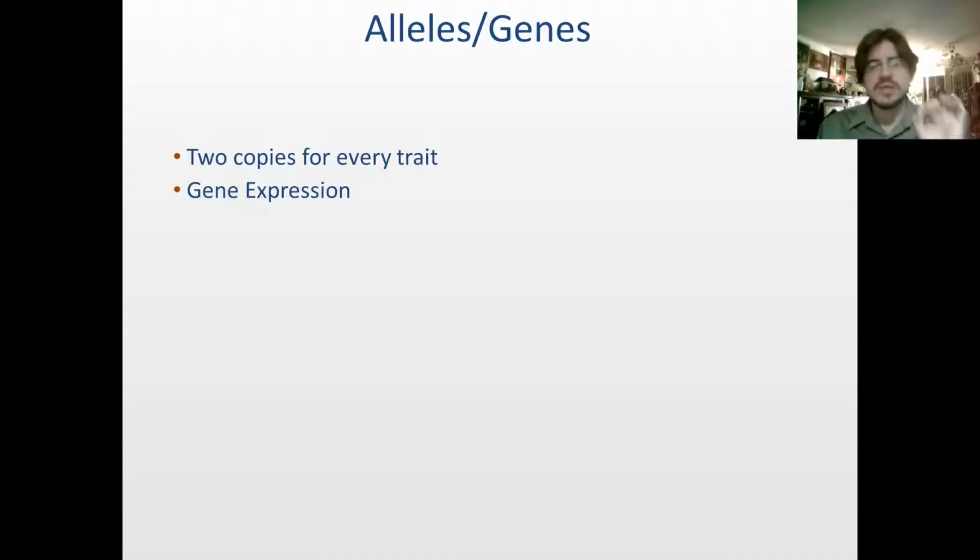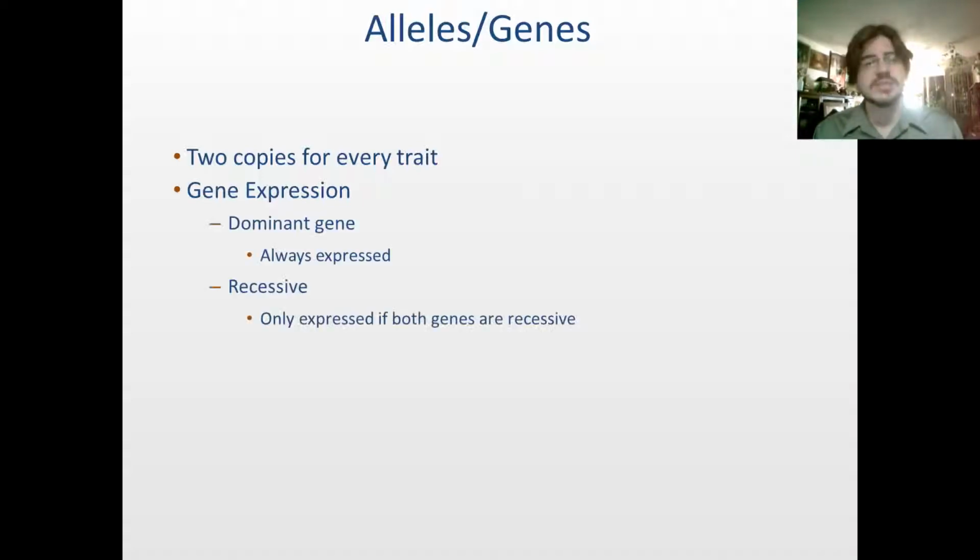And then when we talk about what traits you show, it's going to be important to use the term gene expression. So genes are expressed. When a gene is expressed, you see it. So considering you have 2 genes for every trait, 2 alleles for every trait, it doesn't mean both alleles are automatically expressed.